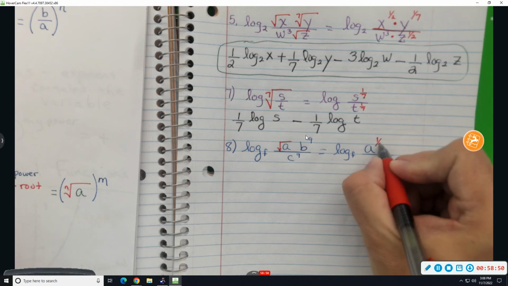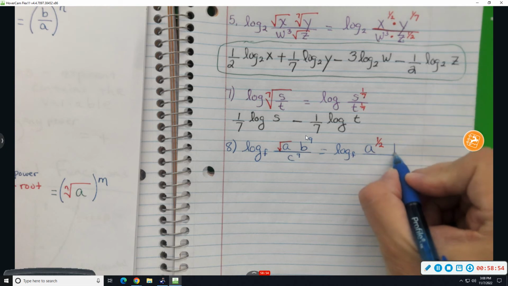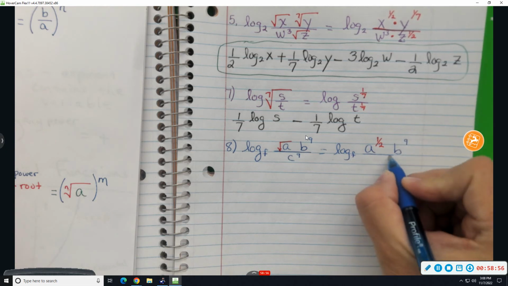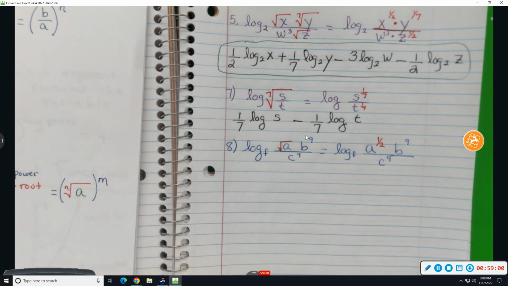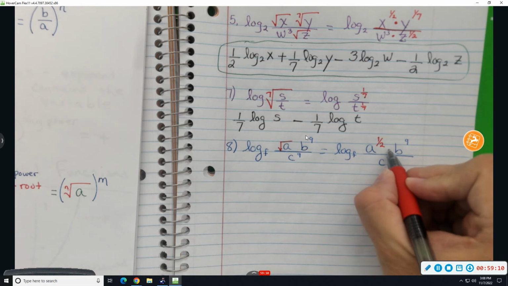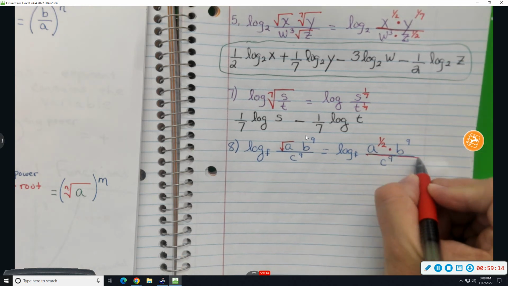So I have to write it as A to the 1/2, then B to the 9th over C to the 9th. Now, theoretically, I'm ready. I can just start typing it in. But I'm going to go ahead and write it all out. Separate there. And there.